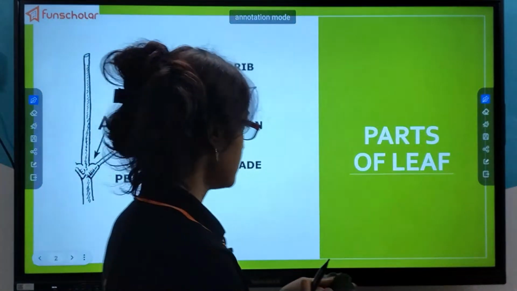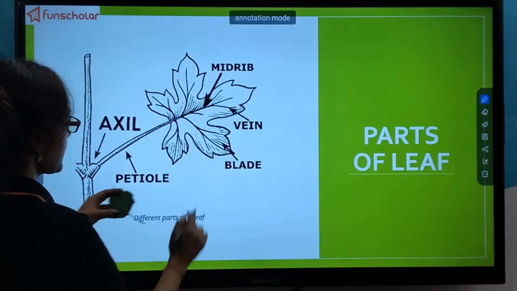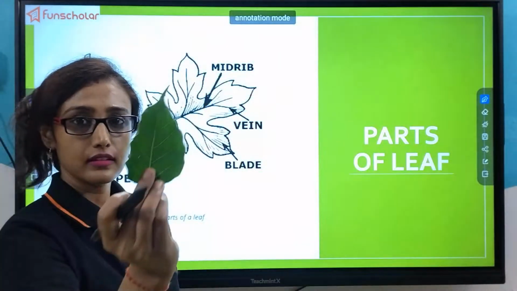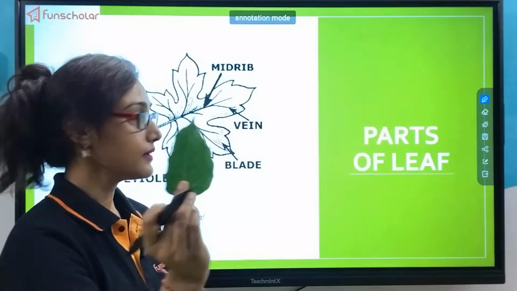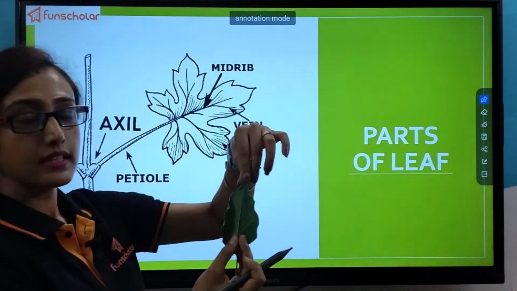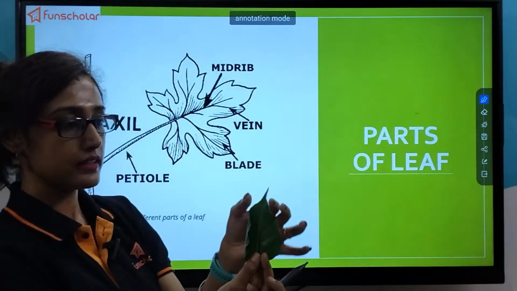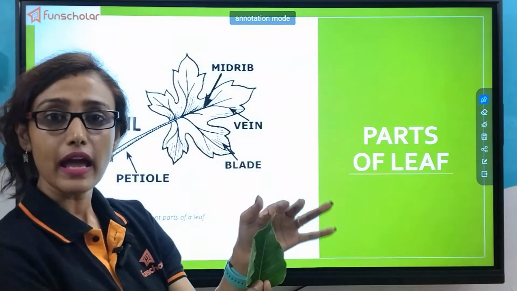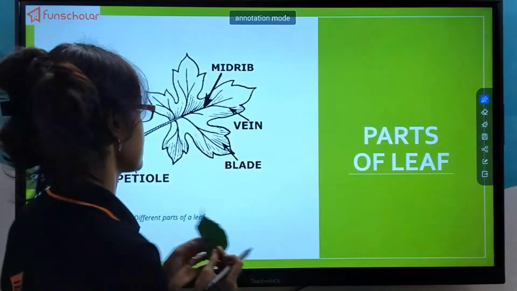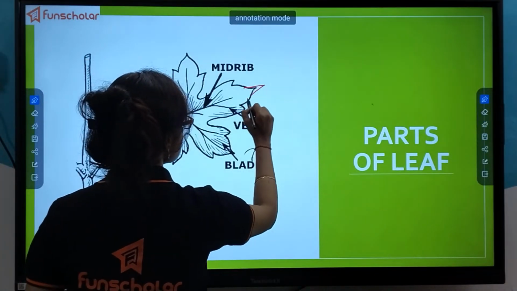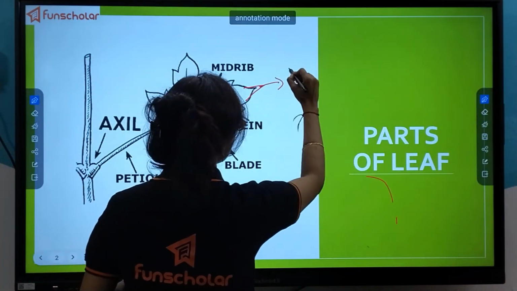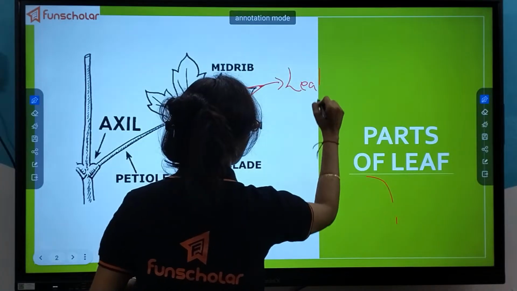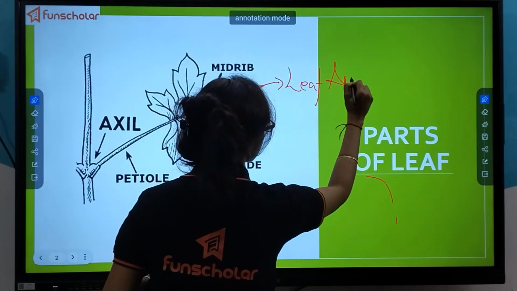I have drawn a leaf similar to this. Okay? So in this leaf, you can see there is a topmost part. This is known as leaf apex. See, this part is known as leaf apex.